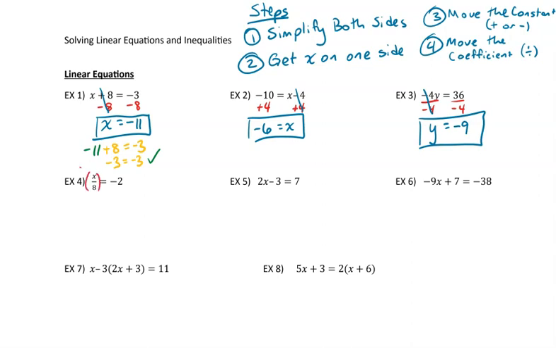So we're going to multiply both sides by 8. 8 divided by 8 on the left cancels out again. So we're just left with x equals -2 times 8 is -16. And that's our answer.